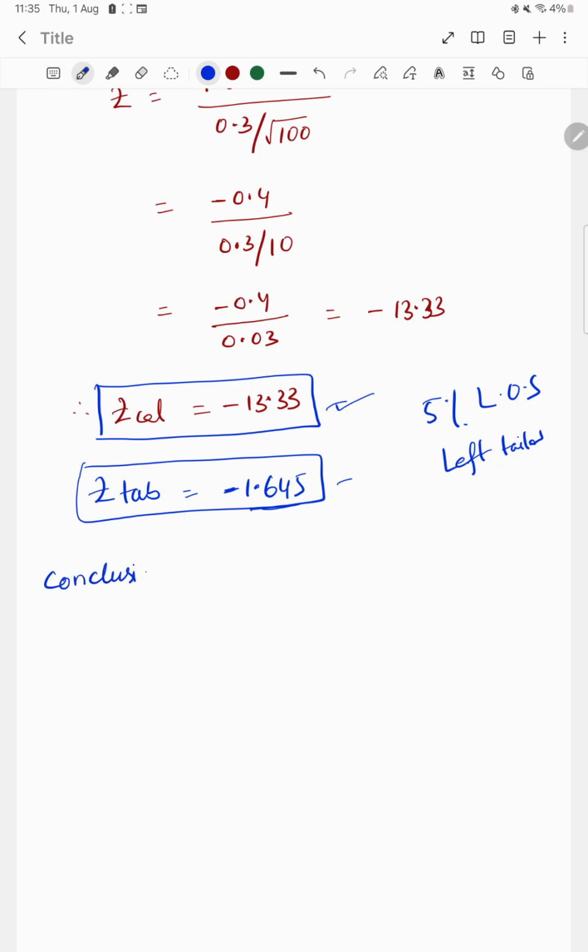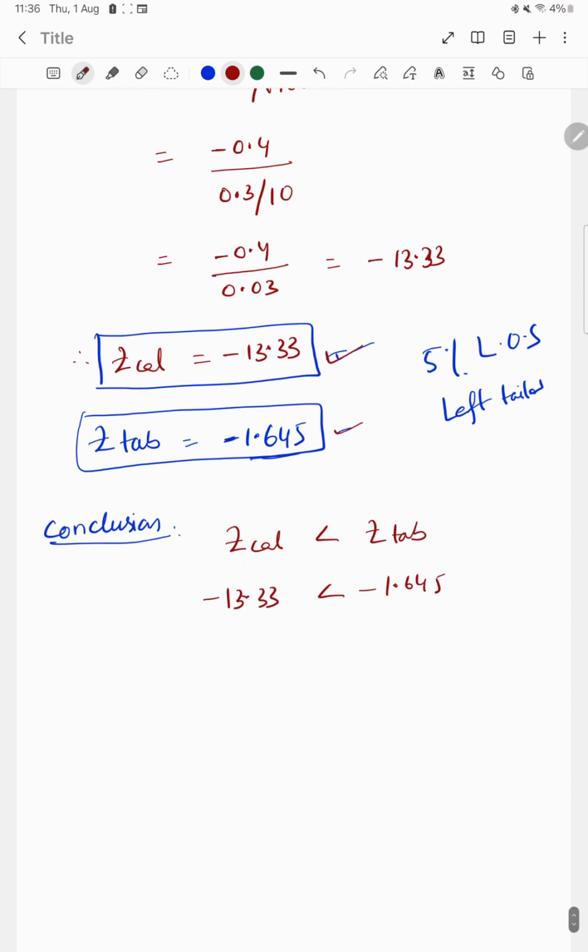In the conclusion, we have to compare our calculated value with the tab value. If you observe, both are negative, therefore Z cal is less than Z tab. So minus 13.33 is less than minus 1.645. Got it?